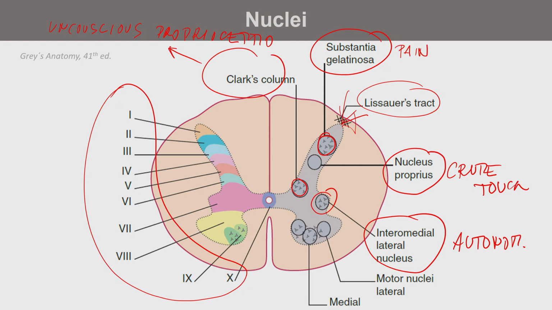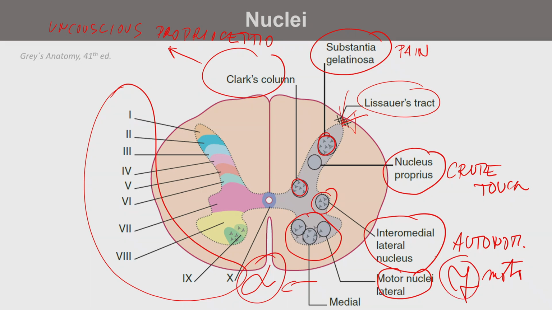Except for the sacral region, they are only sympathetic. Yeah? And then we have a group of nuclei which are motor, somatomotor. We have a lateral group which contains gamma motor neurons, and medial which contains alpha.